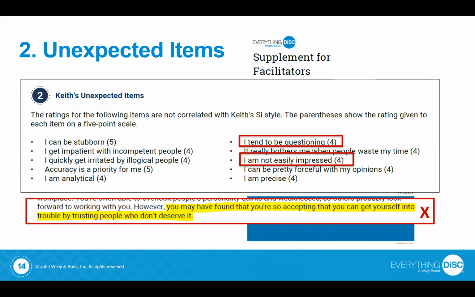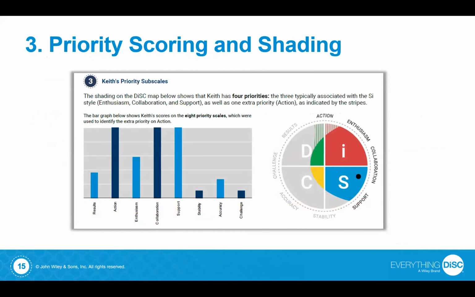Now, the other third part in the supplement for facilitators is the priority scoring and shading, and that's in the priority subscale graph, okay? And this is how you scored on each of the 8 priorities that are around the outside of the circle. And this is where my striped shading and extra priority and action comes from. All right.